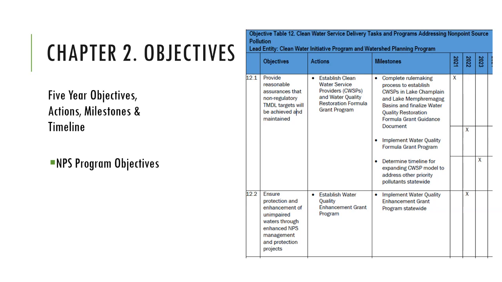There's a couple of different things we're working on, improving different financial programs. Again, this is a snippet. There are many objectives under each table. And if you're interested, certainly take a look.